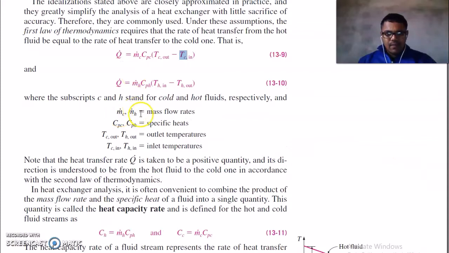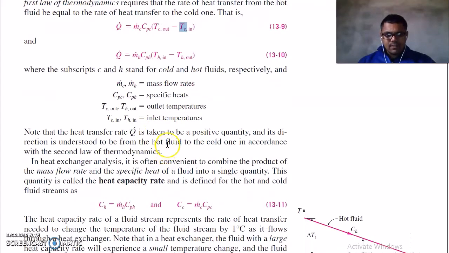So mc and mh are mass flow rates, Cpc and Cph are specific heats of cold and hot fluid, where Tc,out is the cold fluid outlet temperature and Th,out is the hot fluid outlet temperature, respectively. Note that the heat transfer Q is taken to be a positive quantity, and its direction is understood to be from the hot fluid to the cold fluid.